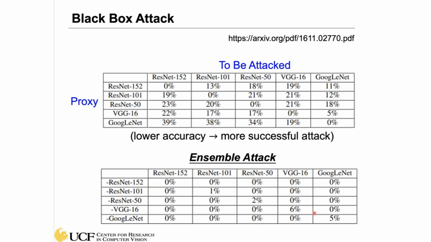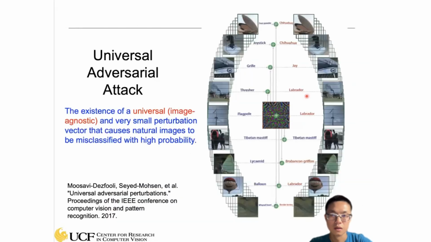So obviously, if you compare the numbers here with the table here, the ensemble attack can increase the success rate a lot, by looking at these accuracy numbers. Okay.